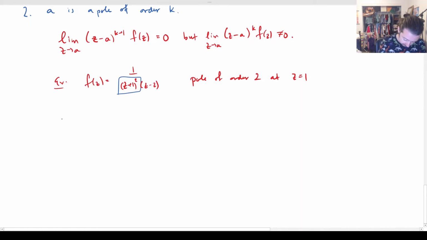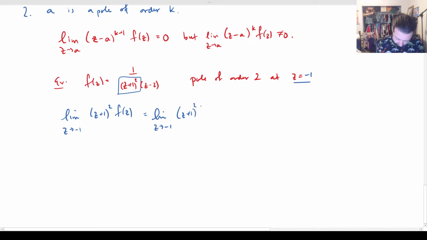And if we look at the limit as z goes to minus 1 of (z plus 1) squared times f of z, then we get the limit as z goes to minus 1 of (z plus 1) squared times 1 over (z plus 1) squared (z minus 2), which gets you the limit as z goes to minus 1 of 1 over z minus 2, which is minus 1/3.